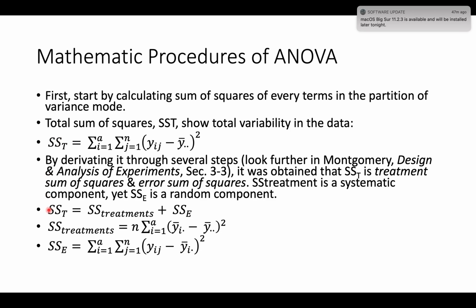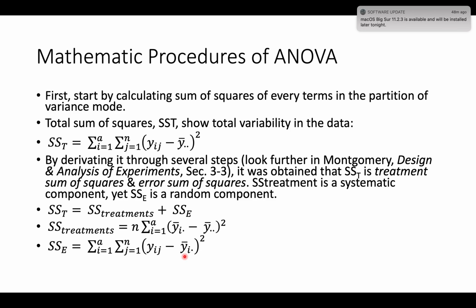The total sum of squares can be partitioned into the sum of squares of treatment and the sum of squares of error. The sum of squares of treatment can be denoted by this formula, and the sum of squares of error can be denoted by this formula.